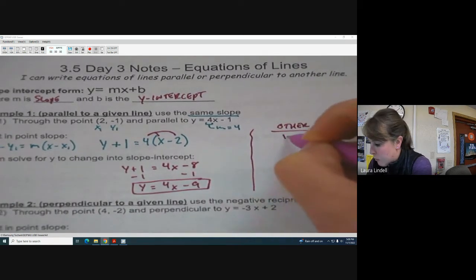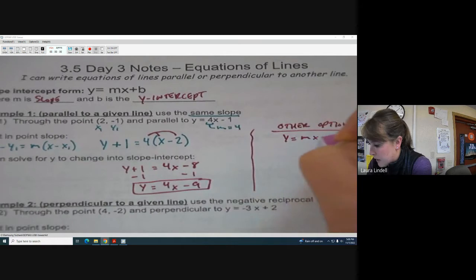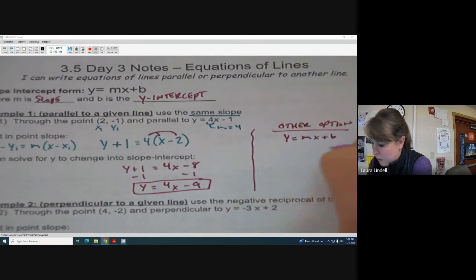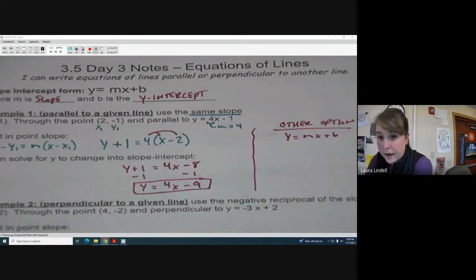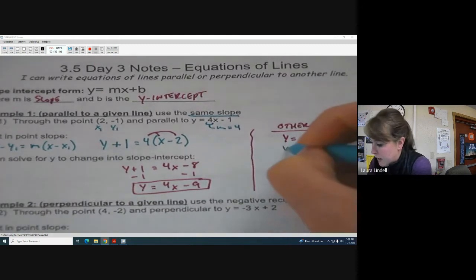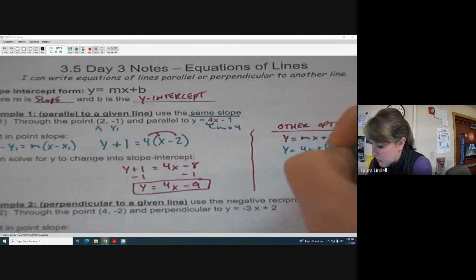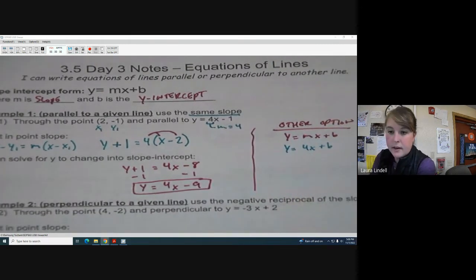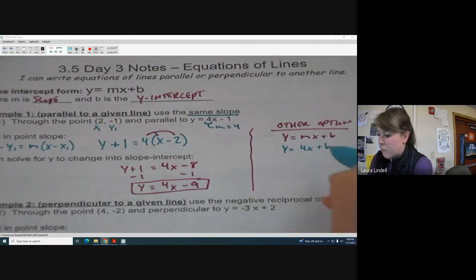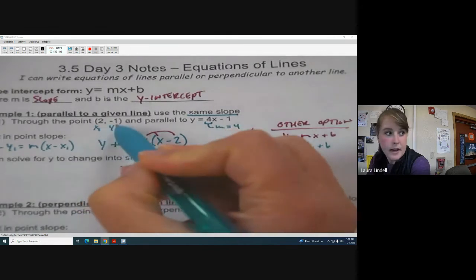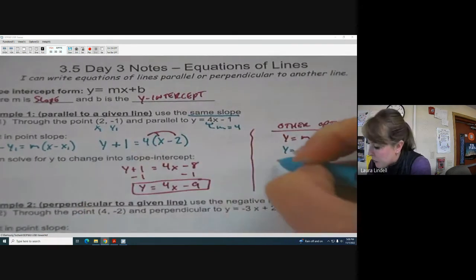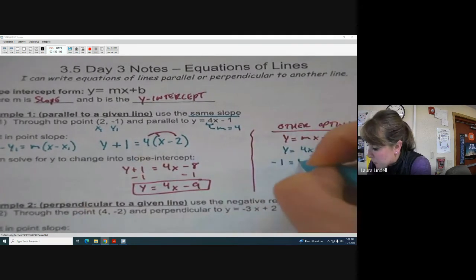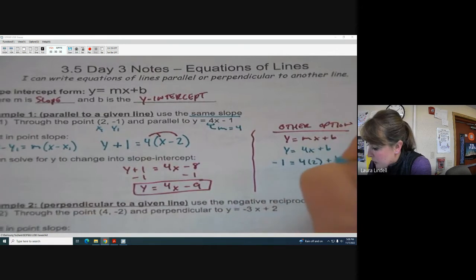So we know that y equals mx plus b. We know what m is. We can substitute that in right away. We can go y equals 4x plus b. Then, to solve for b, you could plug in 2 for x and -1 for y. So I could go -1 equals 4 times 2 plus b.